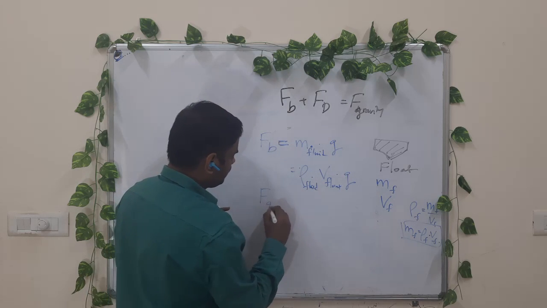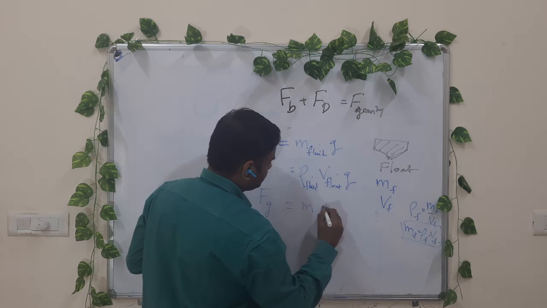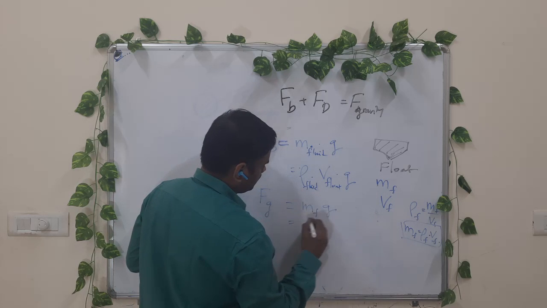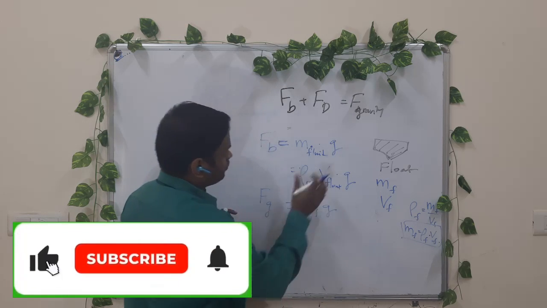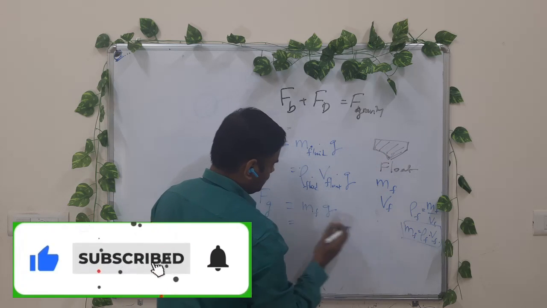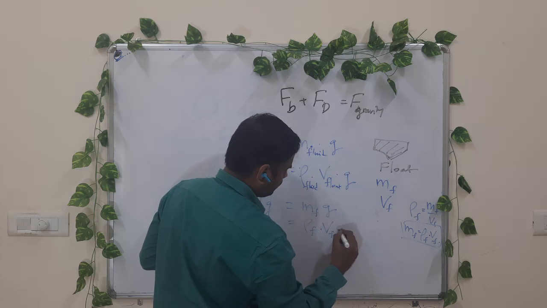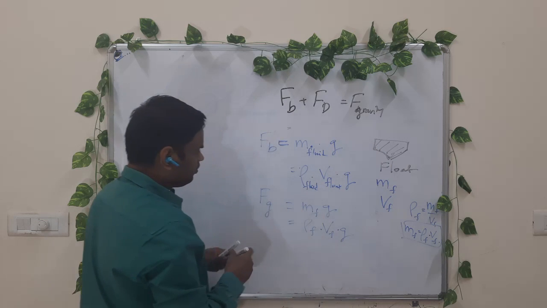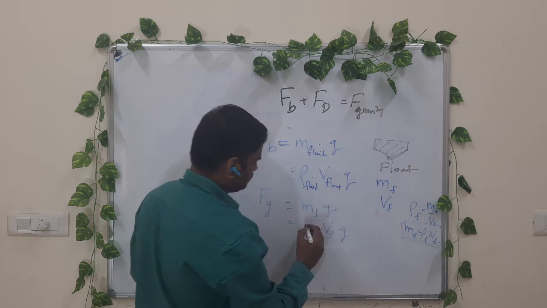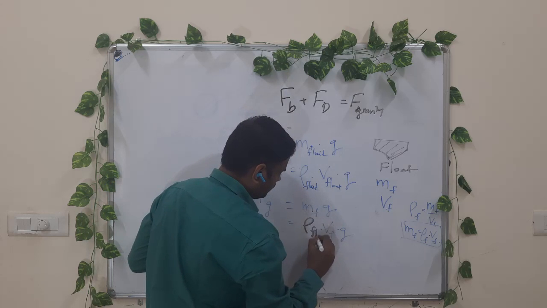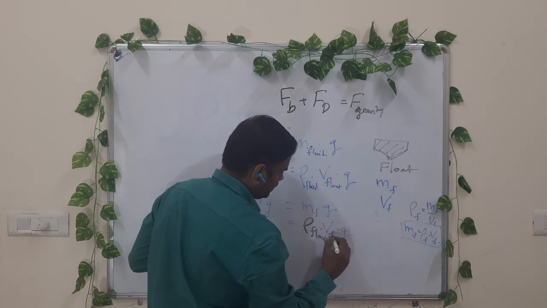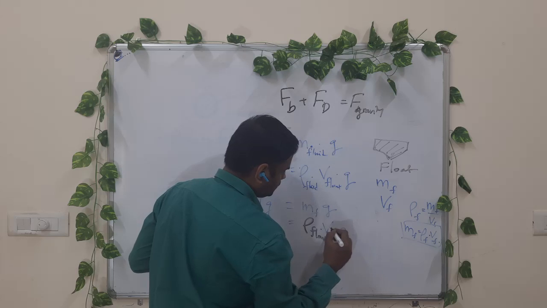And similarly, what is gravity force? It is m into g. The gravity force on this float material is mf into g, which is rho f Vf into g. Rho of the float, V of the float and g.